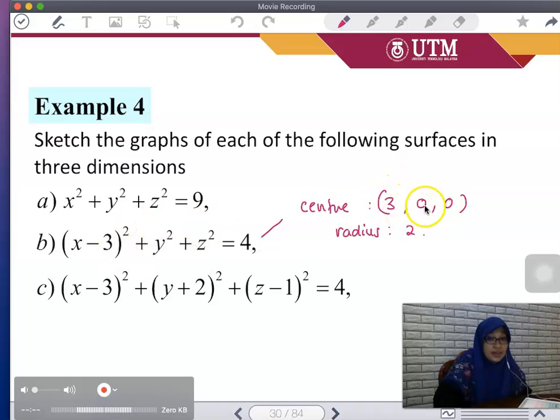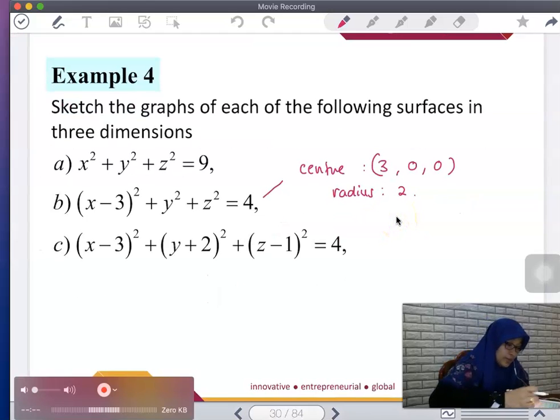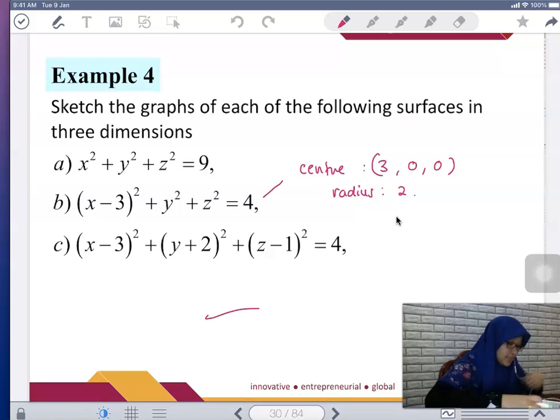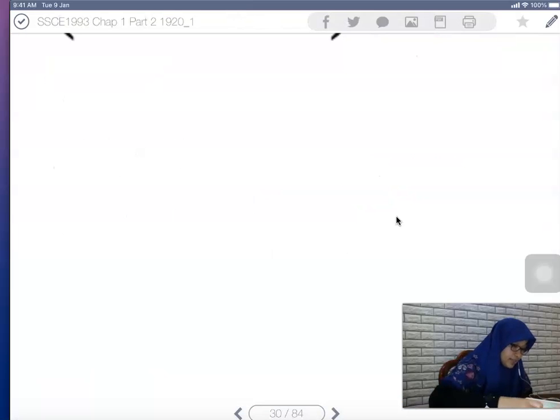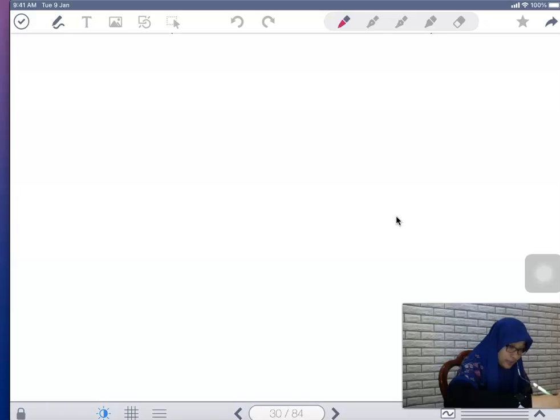Look here, the rest are on y equal to 0 and z equal to 0. Only the x is 3. So in order to provide the traces, how many traces? Should be 3, because we have a total of 3 variables.